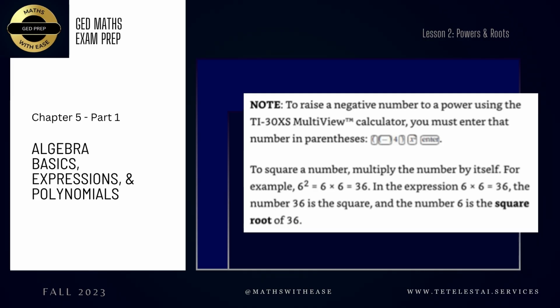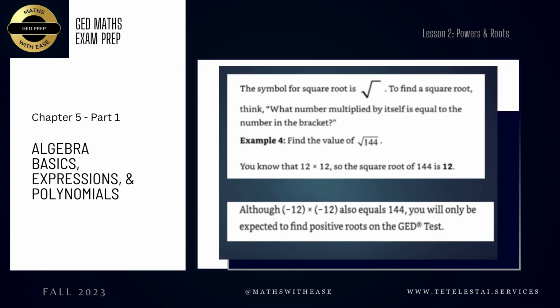Well, you multiplied 6 by itself. So 6 squared, 6 being the base, 2 being the exponent, is 6 times 6, which is 36. And the square root of 36, the number that you multiply by itself to get 36, is 6. The symbol for the square root is this right here.